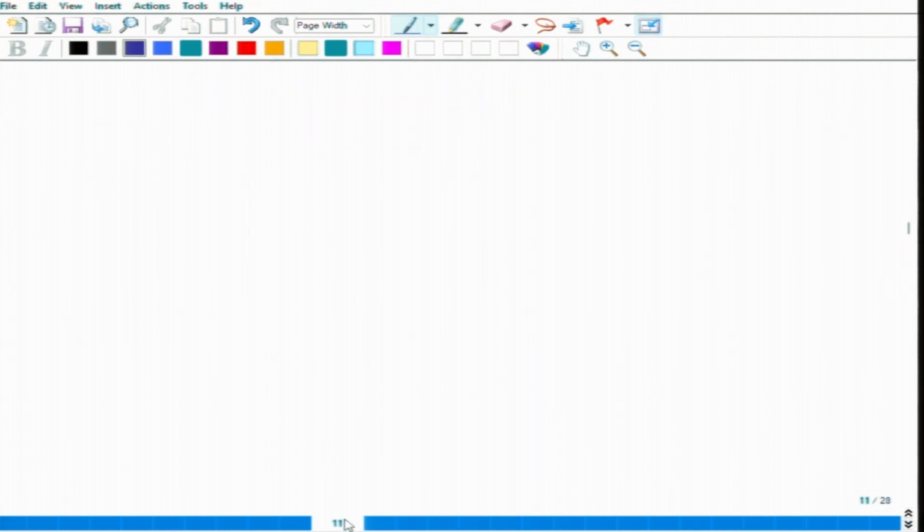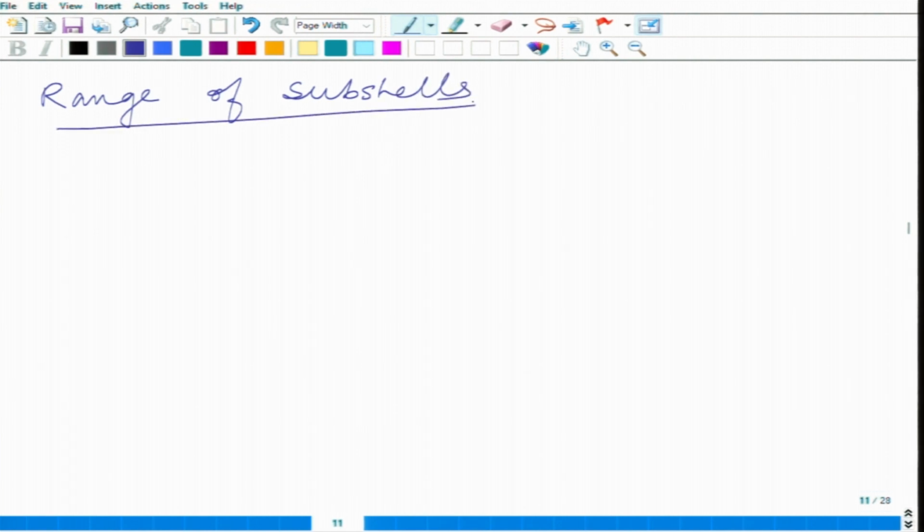Now, what will be the range of these subshells, or the numbering of the subshells? The subshells will be numbered from 0 to n minus 1. Okay. So, let's consider n, L and the number of subshells.